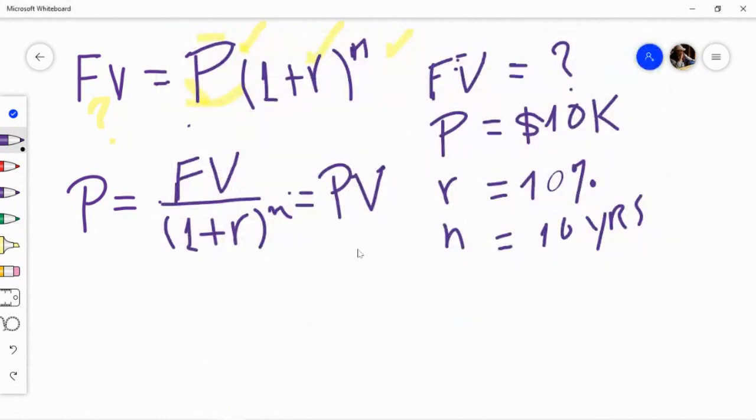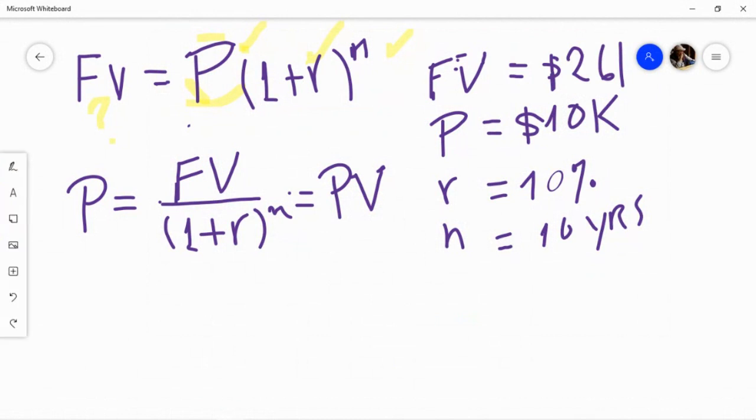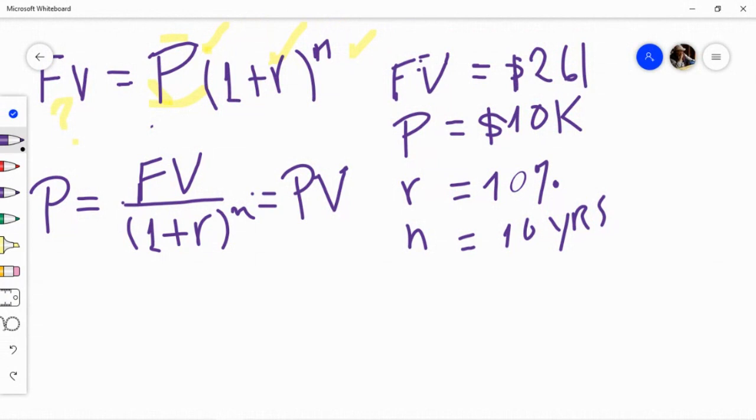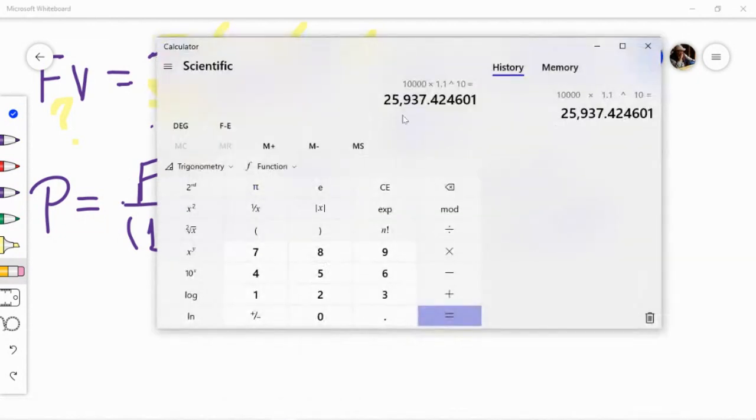But there are situations where we don't know this.